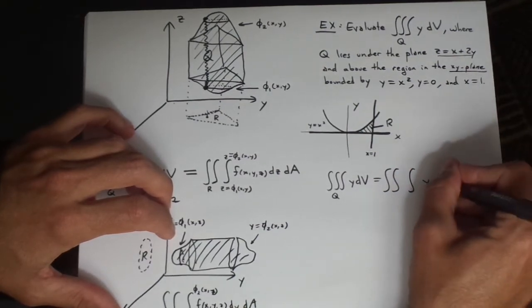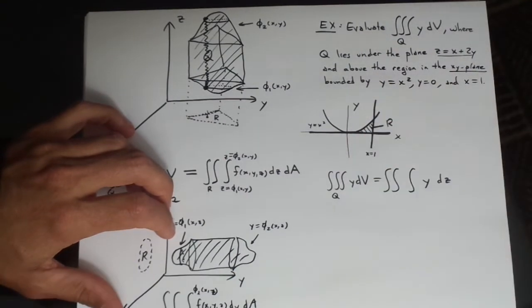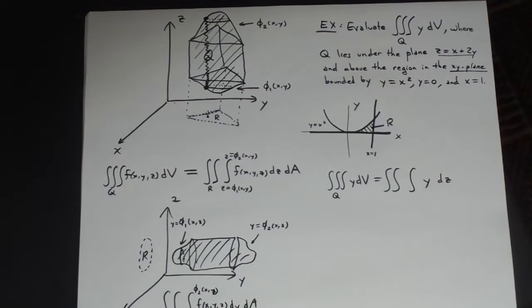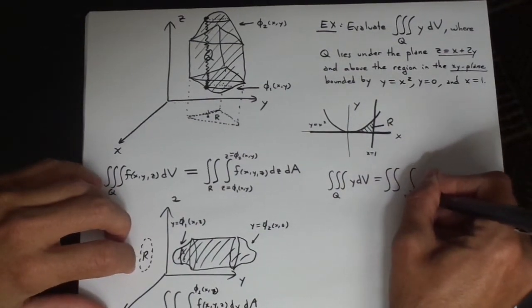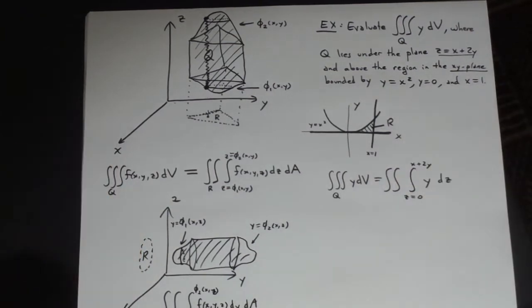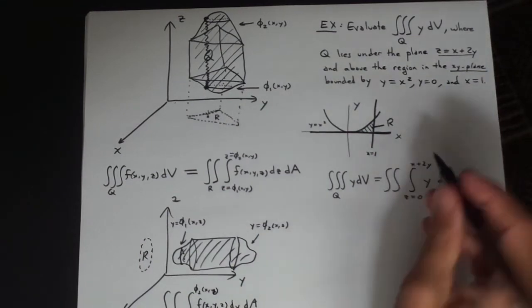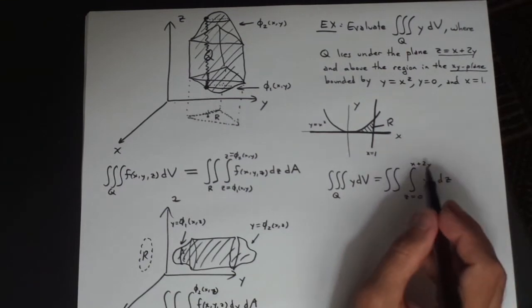My function is still y, and then I'm going to have dz, and then I've got to decide on the outside integral what order of integration to use. Okay, but notice that z is going to go from 0 up to the plane x plus 2y. The solid region is bounded between those two planes. So those two planes are going to be the lower and upper limits of the integration.